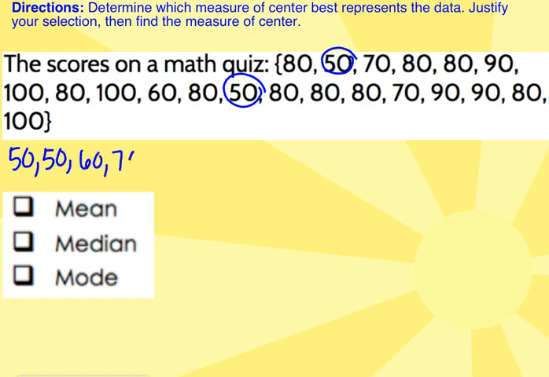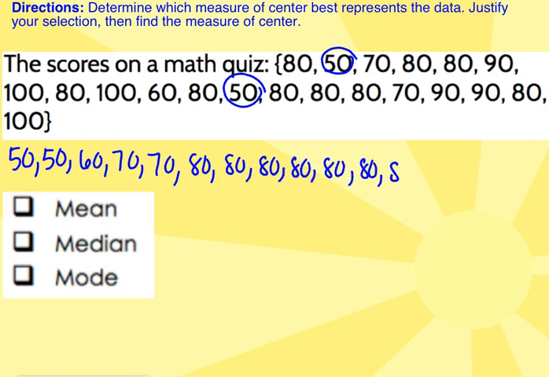Then 60, 70, 70, 80, and we have 9 of those, then 90, 90, 100.